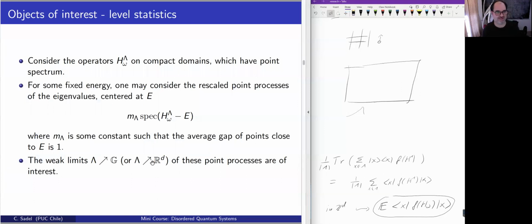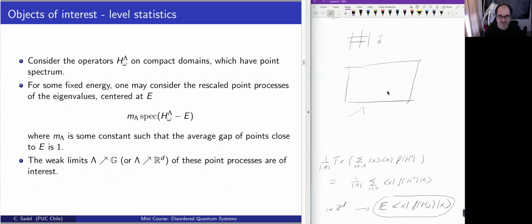Another aspect one wants to study with these types of operators is the so-called level statistics. So again, one restricts the operator to big boxes Lambda, and then one looks basically at the eigenvalue process.